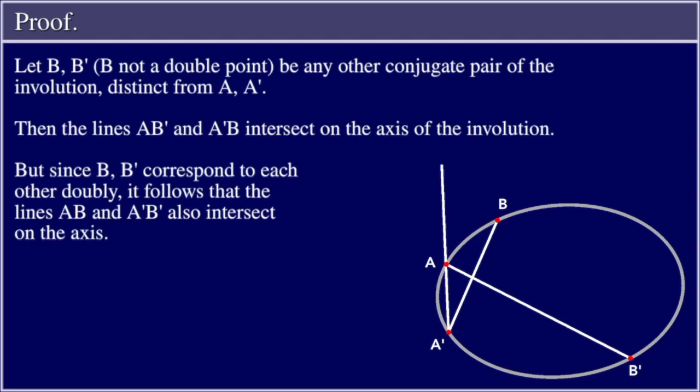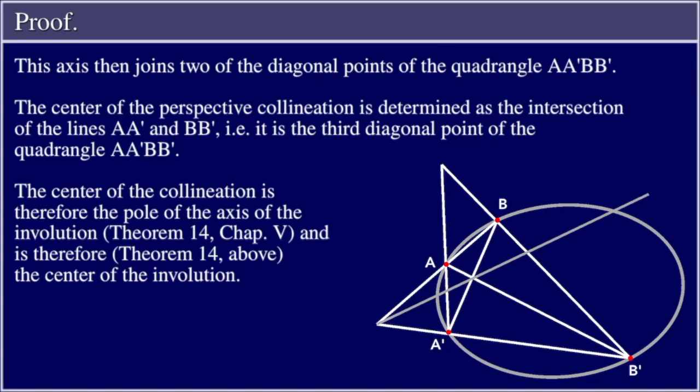But since B, B prime correspond to each other doubly, it follows that the lines AB and A prime B prime also intersect on the axis. This axis then joins two of the diagonal points of the quadrangle AA prime BB prime. The center of the perspective collineation is determined as the intersection of the lines AA prime and BB prime, i.e., it is the third diagonal point of the quadrangle AA prime BB prime.